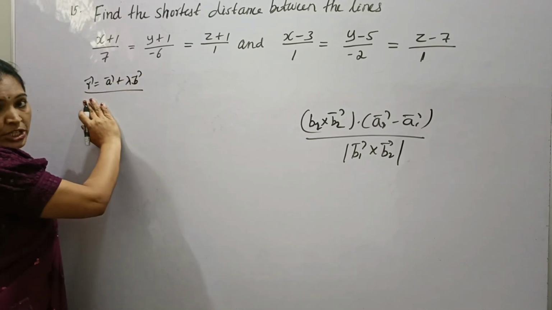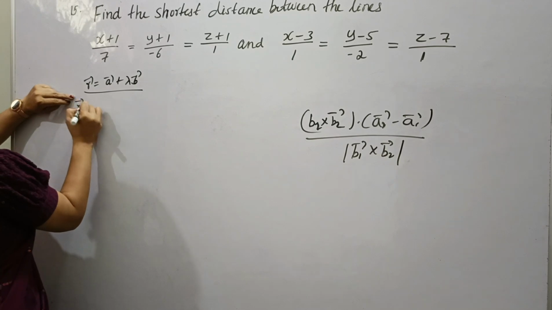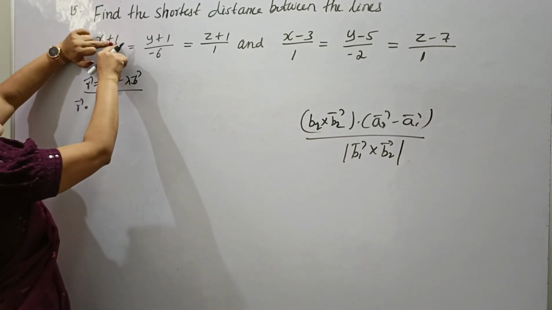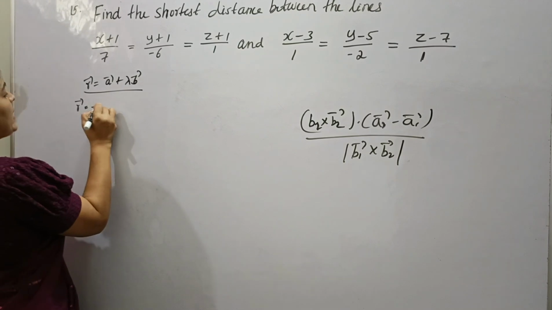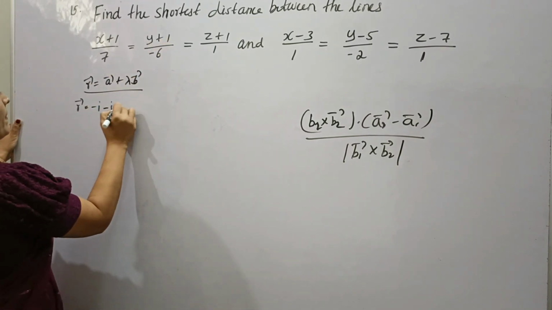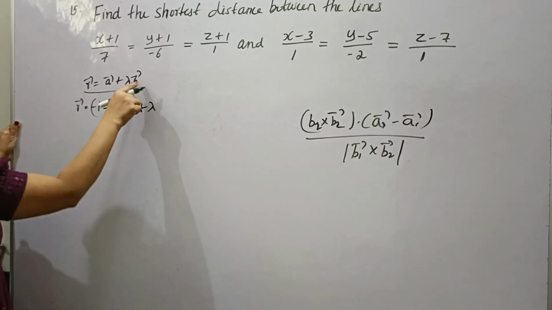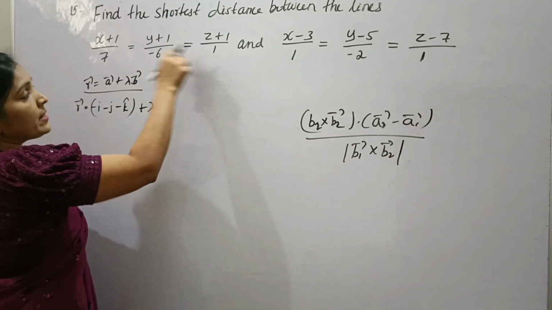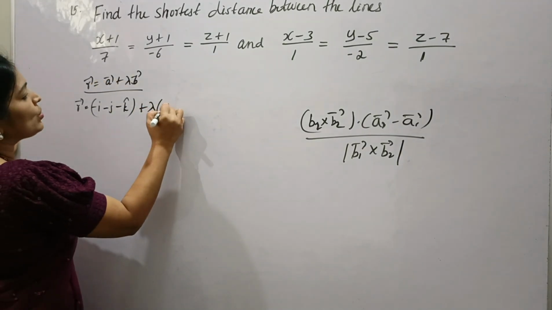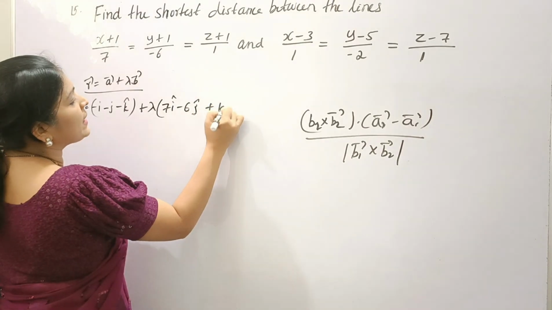It is the vector equation of the line, right? Okay. So here let's write vector r is equal to vector a, that is here x minus minus 1, so minus i minus j minus k, plus lambda into vector b, that is the vector of direction ratios. So lambda into 7i minus 6j plus k.